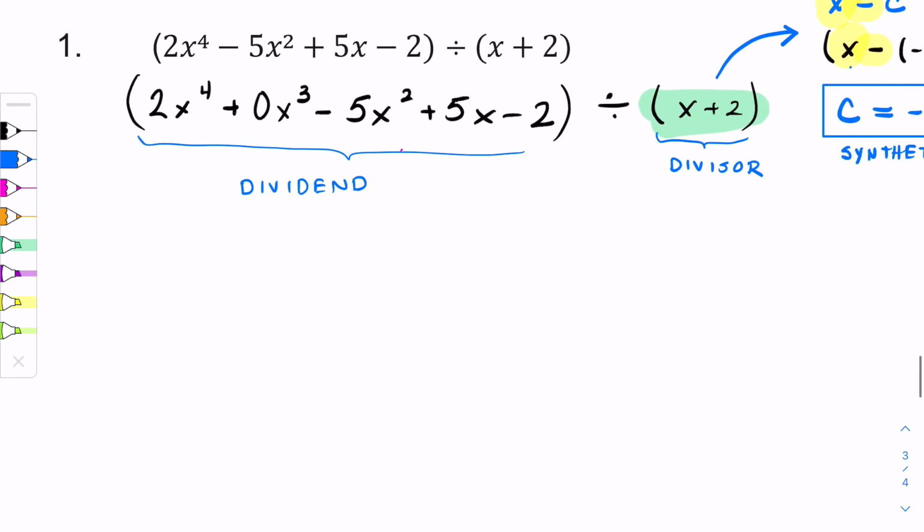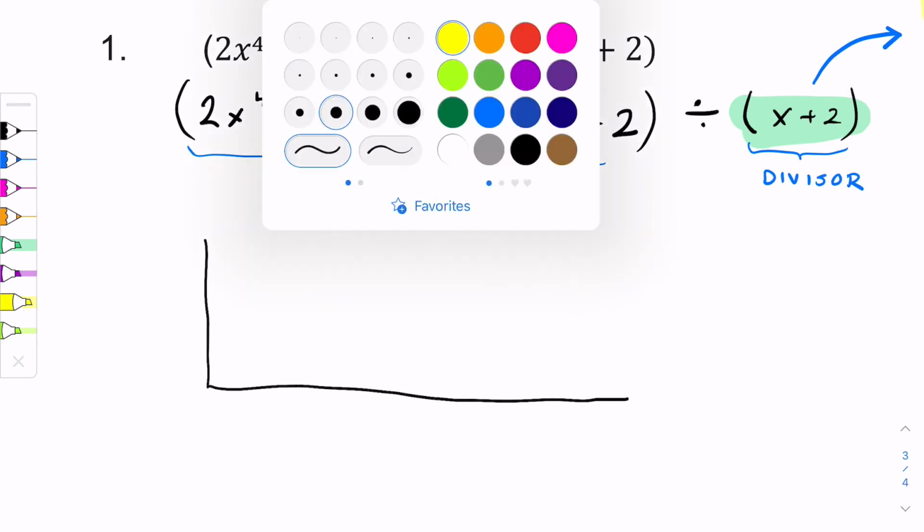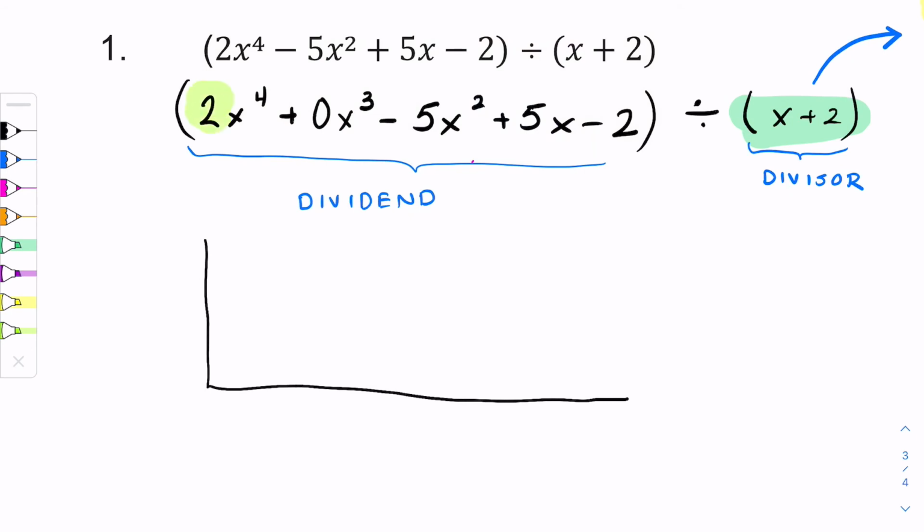Okay, so for synthetic division, hopefully you remember this from Algebra 2, so it kind of comes back to you a little bit faster. You draw a box. You'll see I do it a few different ways, but something like this. And you identify the coefficient of every term. So the coefficient of the first term is 2, coefficient of the second term is 0, negative 5, 5, negative 2.